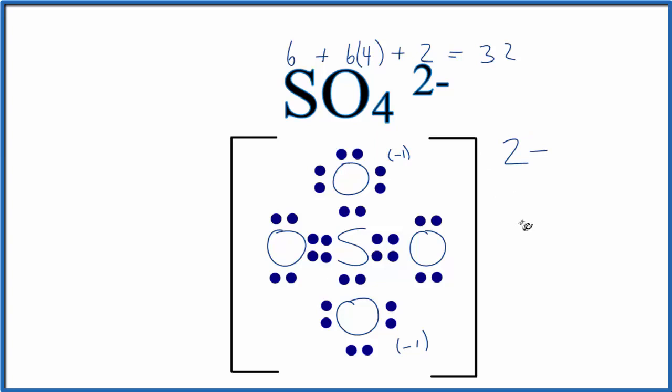So if you're in a more advanced chemistry class, when you have Lewis structures that can have these expanded octets or have different structures, and you're trying to choose which is the most favorable, you may need to use formal charges. And there's a video in the description and a card that links to that. So this is the best Lewis structure, the most favorable Lewis structure for the sulfate ion, SO4 2-.